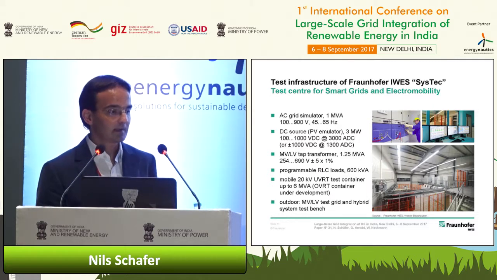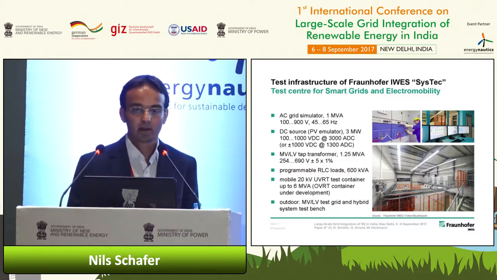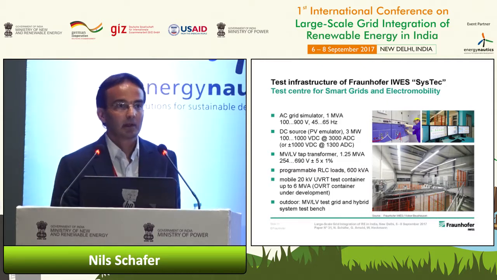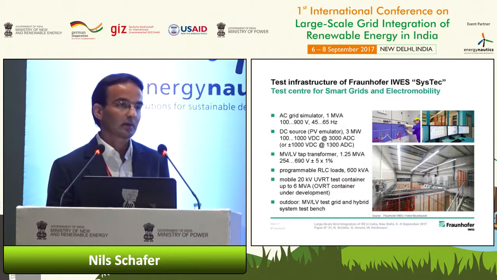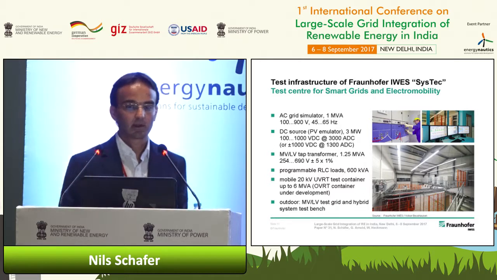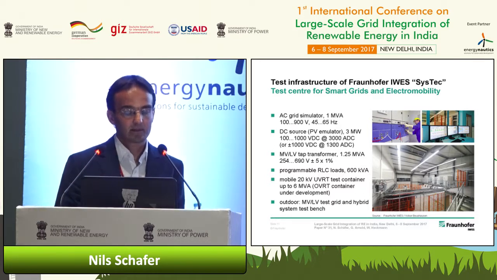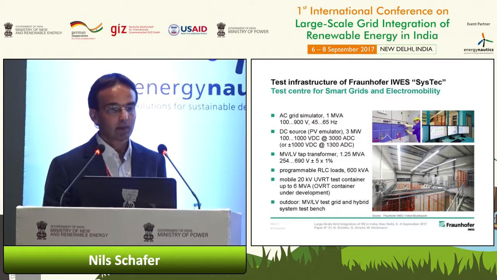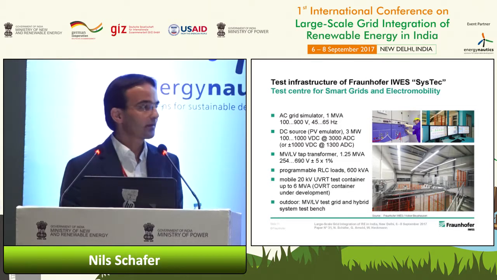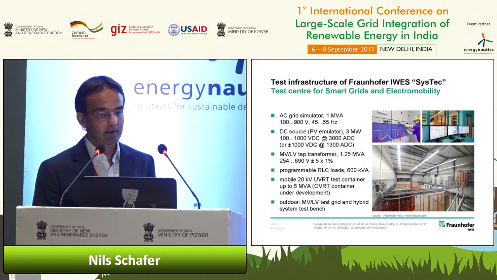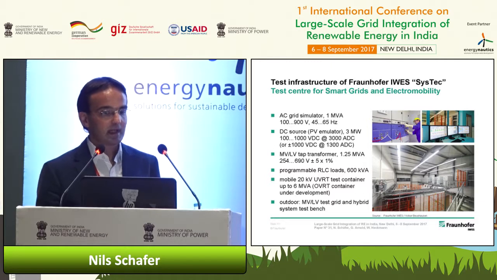We have set up this in the years 2009, 2010, and since then we have tested a lot of central inverters up to 2 megawatt, and also combustion engines in the range of 300, 500 kilowatt for biogas. And so we have an AC grid simulator of 1 MVA, a DC source of 3 megawatt, and a tap transformer to adjust the AC voltage.